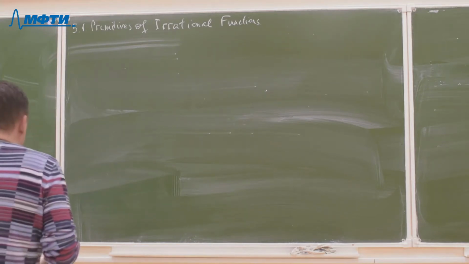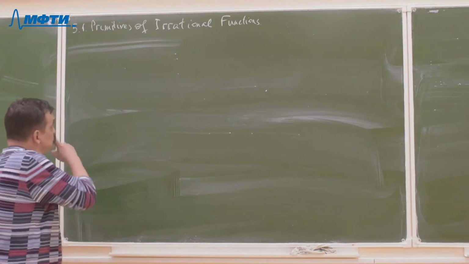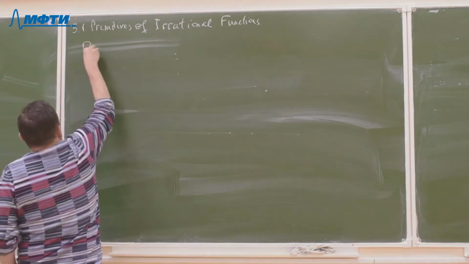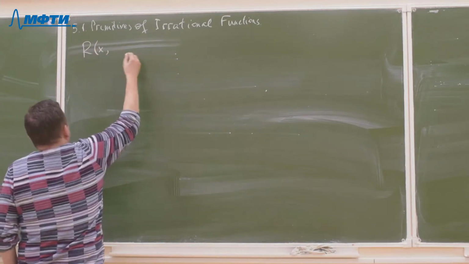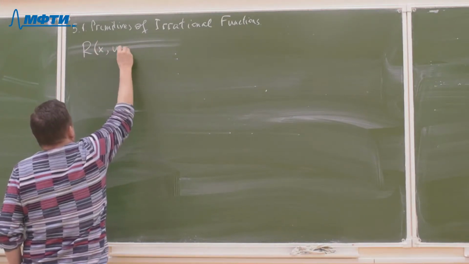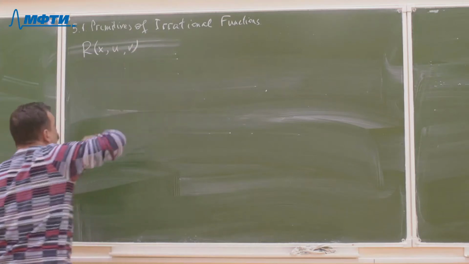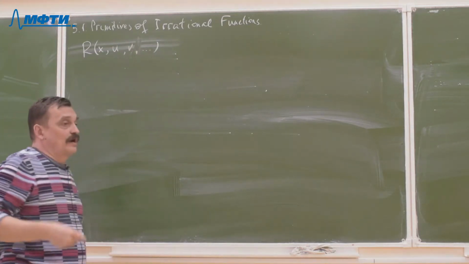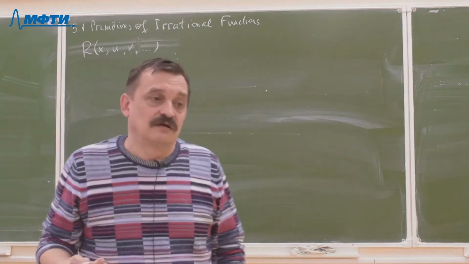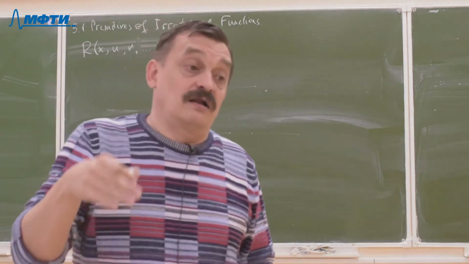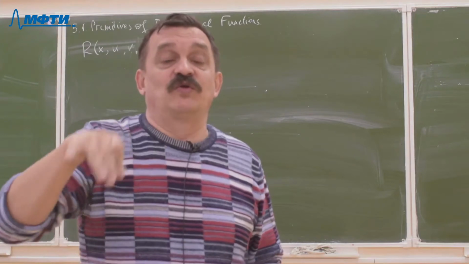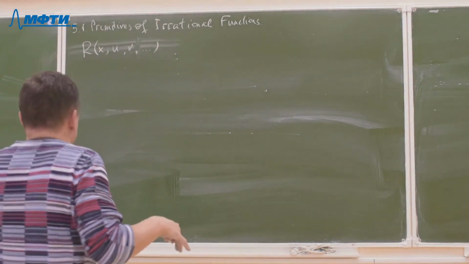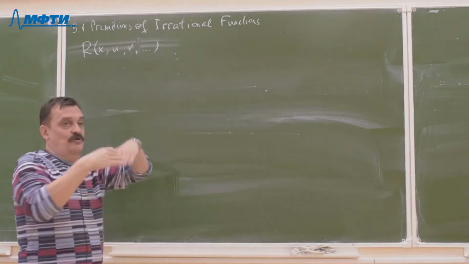today's section is devoted to rational functions of special variables like u, v, maybe more, where u, v are roots of polynomials of x. So R is a rational function, polynomial over polynomial.